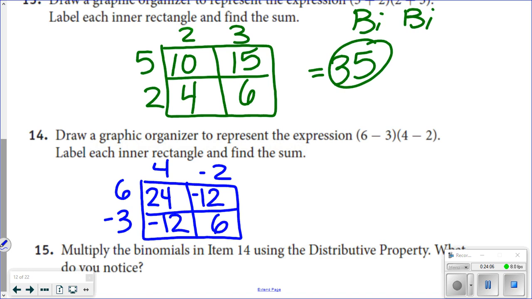And add these all up. We get a total of 6.